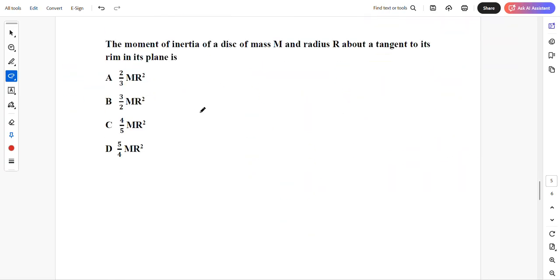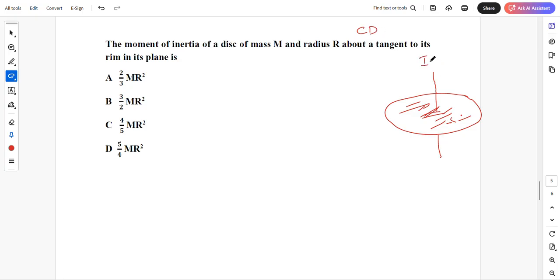Next problem is the moment of inertia of a disk of mass m and radius r. This is a disk kept in the horizontal plane. Now we know that for a disk, you can take a CD, compact disk.